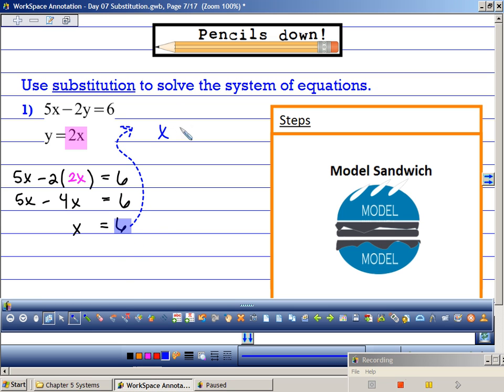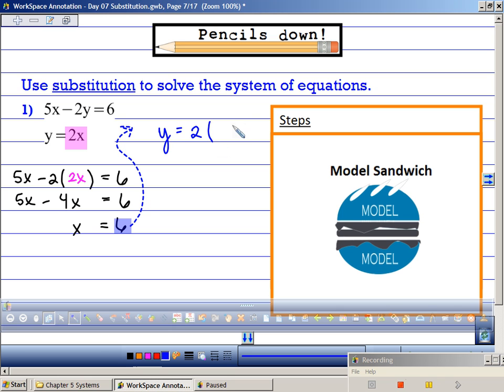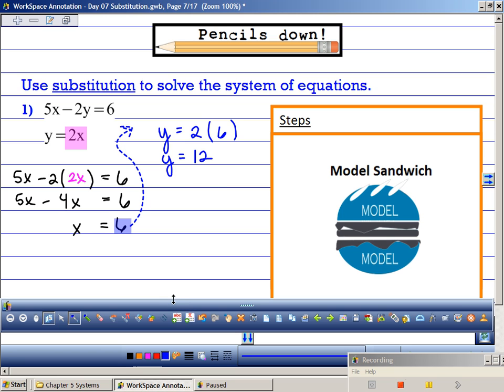So I have y equals 2 x's. And what does x equal? 6. So how much does y equal? 12. And your last step is to find the intersection.